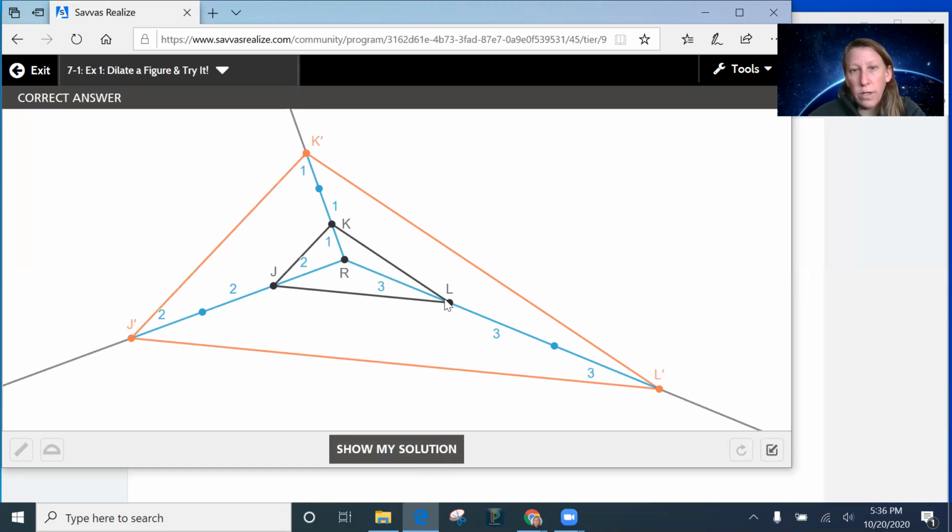If this is 1 unit, then I had to triple it to get out to L prime. Same thing here. If this was 1 away, the K prime would be 3 away. So it's not only that the sides are 3 times as long, it's also that the distance from R is 3 times as far.